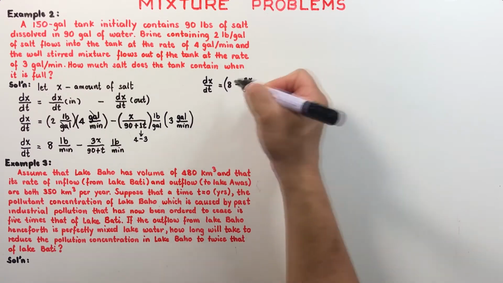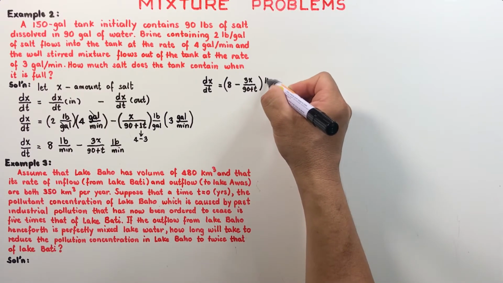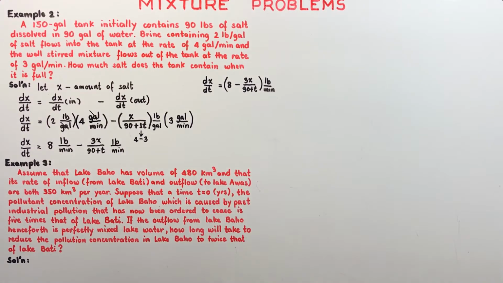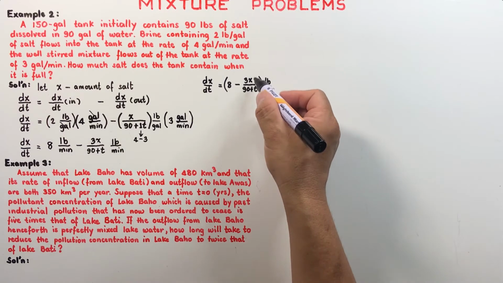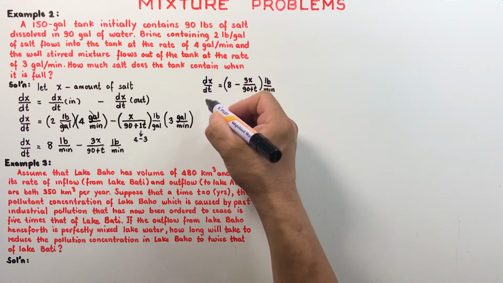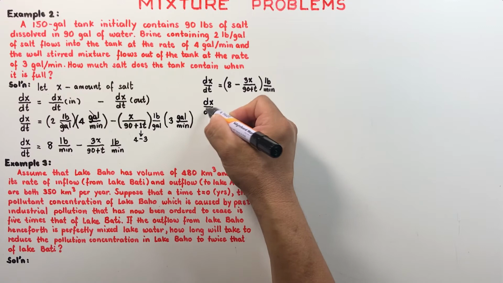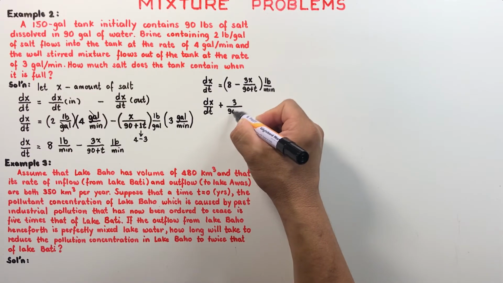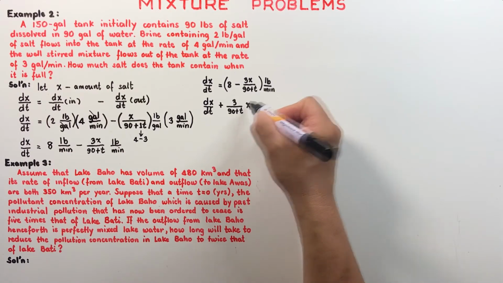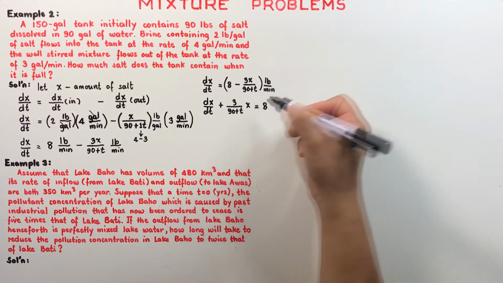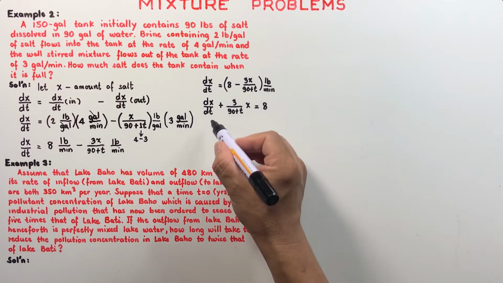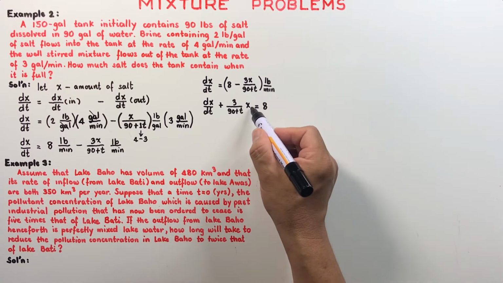We factor out the unit of measurement, pounds per minute, outside. And we notice that if we move this negative fraction to the left, we have dx/dt plus 3 over 90 plus t times x, equal to 8, a first order linear differential equation in x.